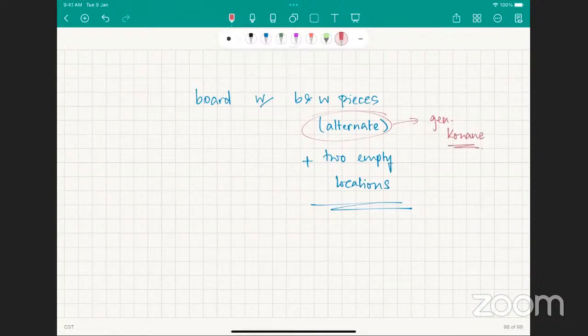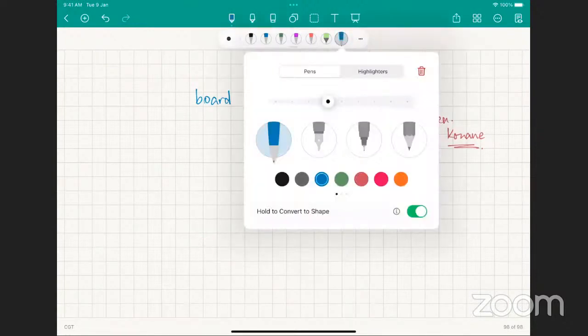And on your move, this is the initial state of the board. It's easier for me to denote the pieces as green and blue, or maybe red and green here.